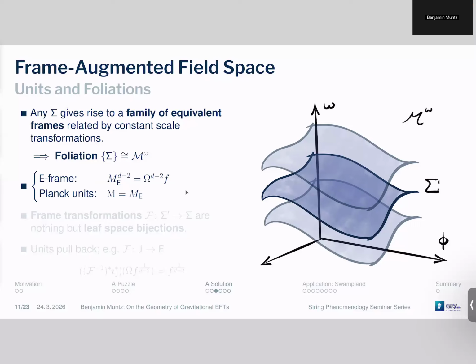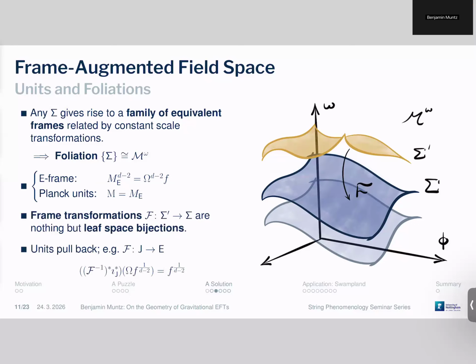And so now we can make use of this foliation picture to make some nice differential geometric statements. For instance, mapping between Einstein and Jordan frame is really just a map between different leaves in a foliation, right? So maps from one hypersurface to another.